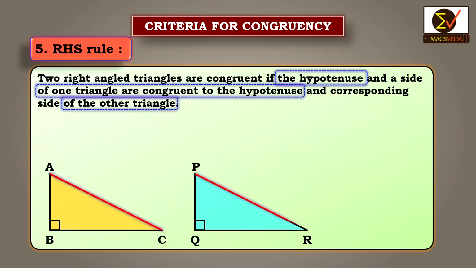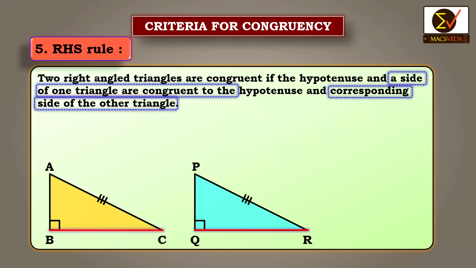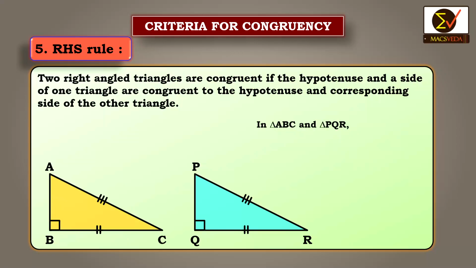So the corresponding hypotenuses must be equal, that is AC equal to PR. Then a side of one triangle is congruent to the corresponding side of the other triangle. So here side BC is equal to side QR. Then the two triangles become congruent. So in right angle triangle ABC and right angle triangle PQR, angle B is equal to angle Q, which is equal to 90 degrees.